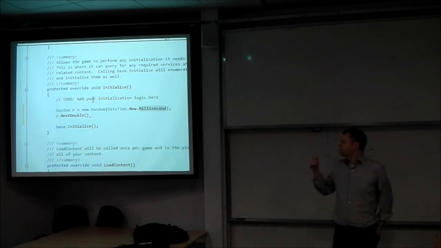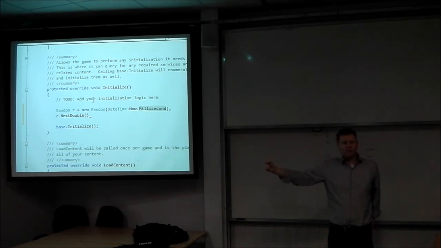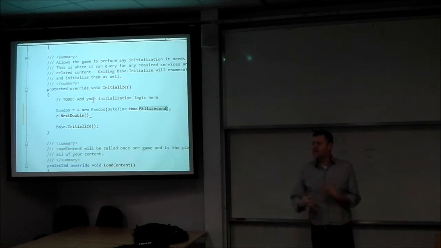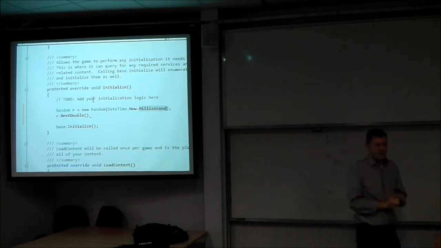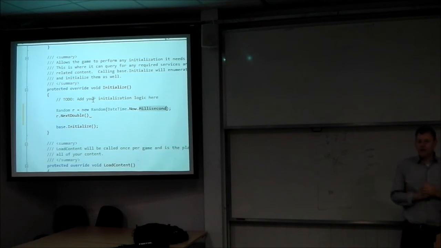So if you use this without passing in a seed, you'll get the same set of random numbers every time you run the program. So you initialize it with a random number seed, and then you get different random numbers, because they're not really random numbers. They're what I call pseudo-random numbers. It uses some function to generate the random numbers. So you pass in a seed, and you'll get different sets of random numbers each time.